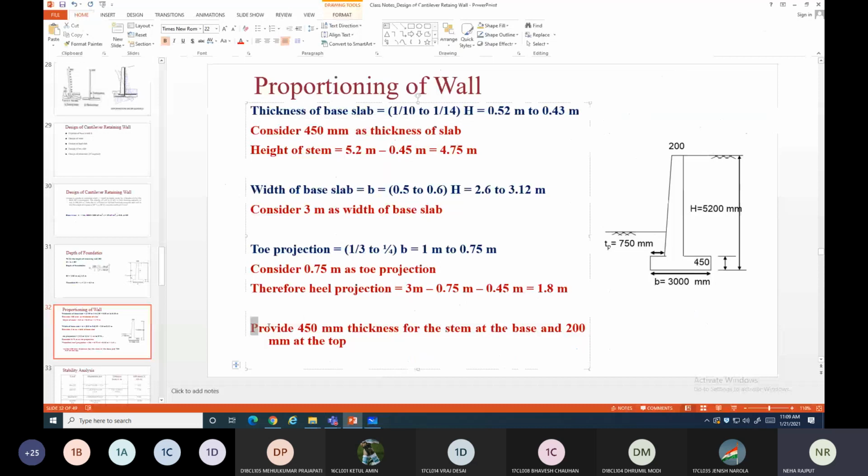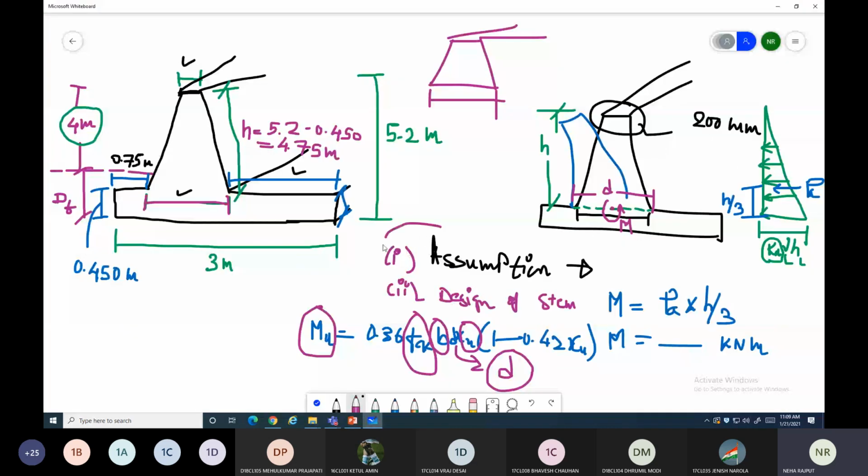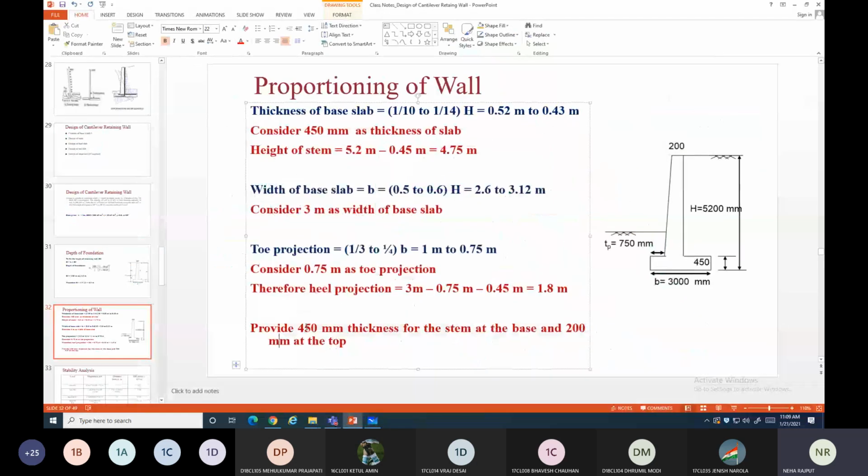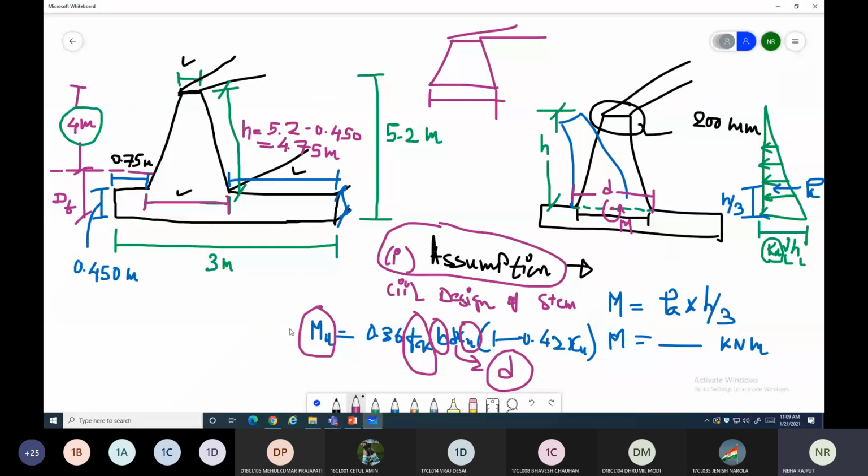So here I am assuming 450 mm thickness for the stem. I am assuming, the first-time assumption I have taken, so I am considering the 450 mm thickness. So this is my 450 mm, so 0.45 meter. So now I can get the heel part.